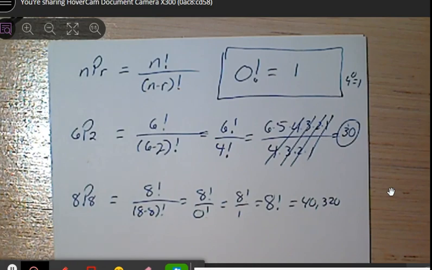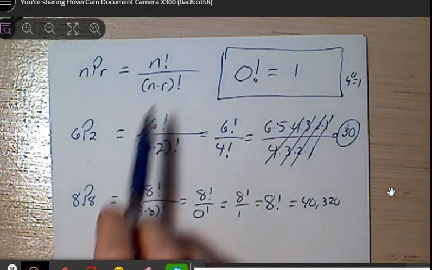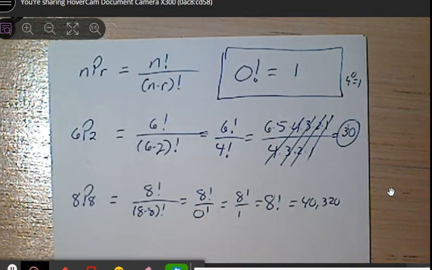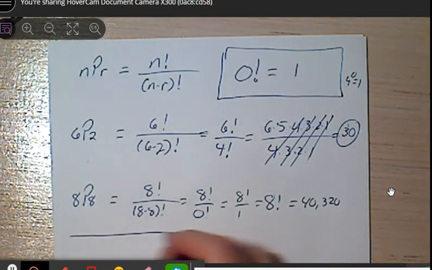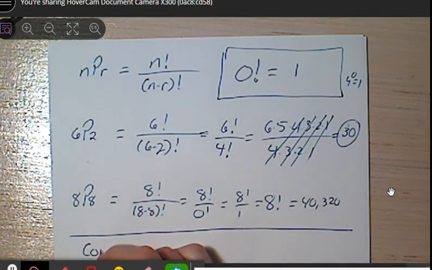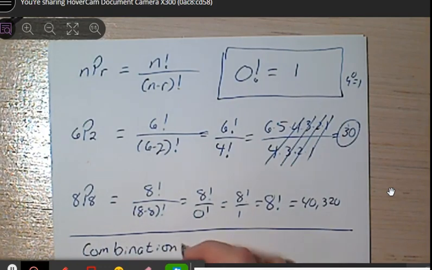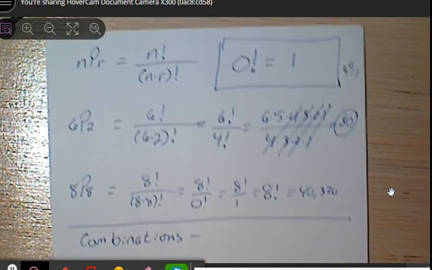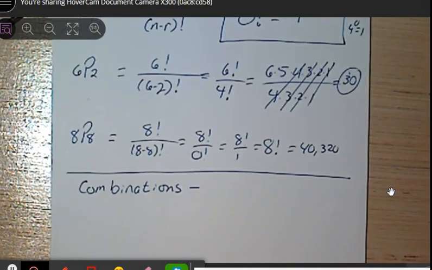Okay, so there's permutations. That's your formula that you're going to use when the order is important. And when you do combinations, that's where the order is not important.